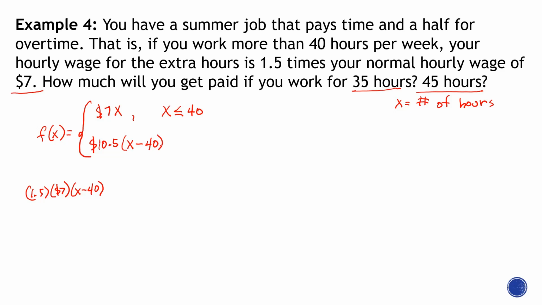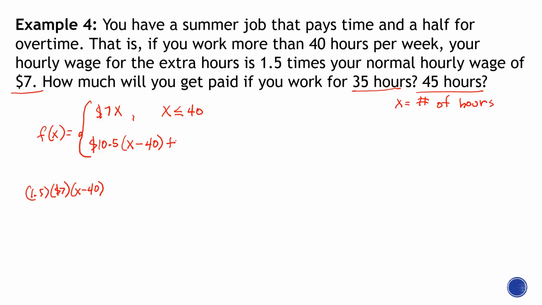But we still need to remember this thing. This is only the overtime pay beyond 40 hours. So that means there is something we need to add here. And what is that? What do you think?